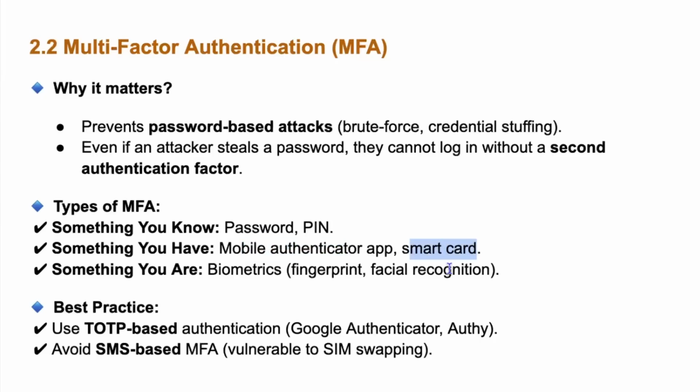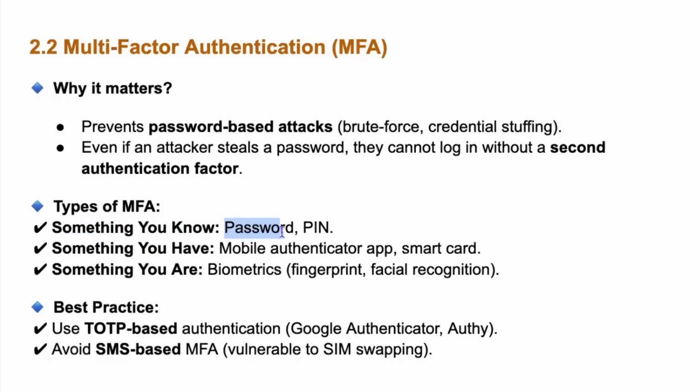Or if you have a smart card, which would be used to scan into the building, for example, or a USB thumb drive that only houses a key that you would use as a physical key to get into a computer, and once you log in, you plug in the USB thumb drive, and that acts as a physical key. And then something that you are would be biometrics, right? So a fingerprint or facial recognition, or your eye scan, that would be your biometrics that would be used. So it could be at least one, or I would say at least two of these things.